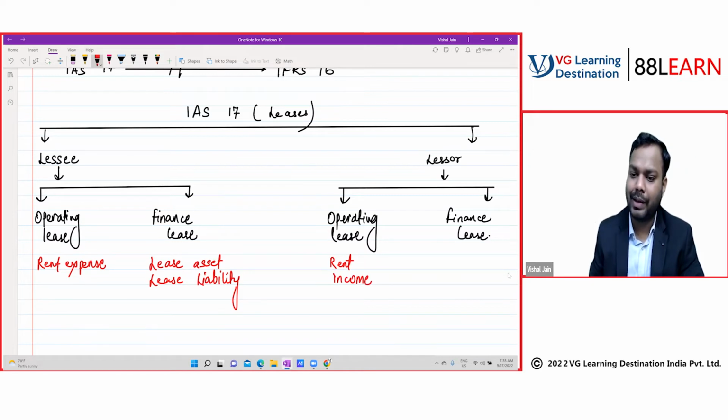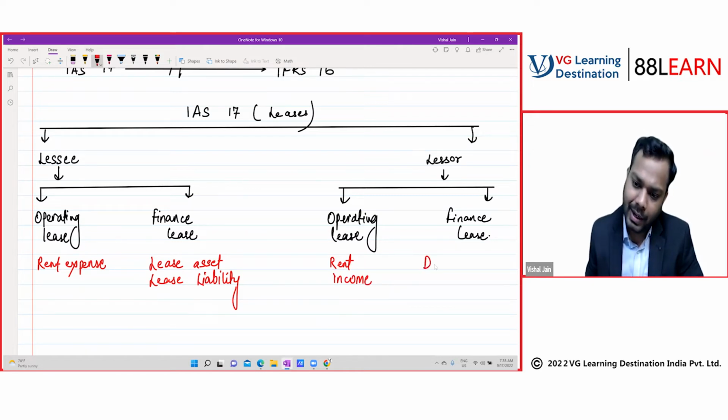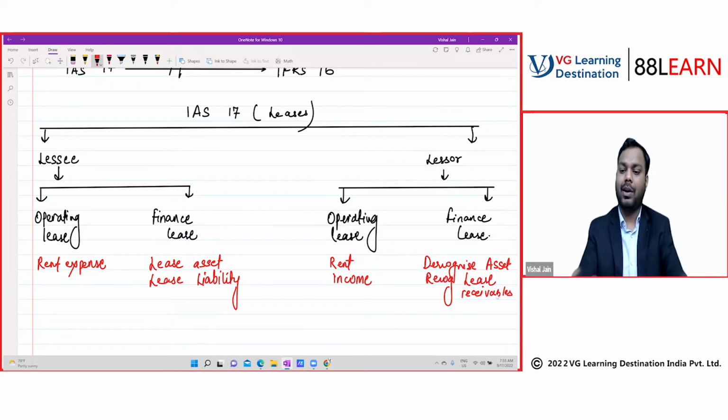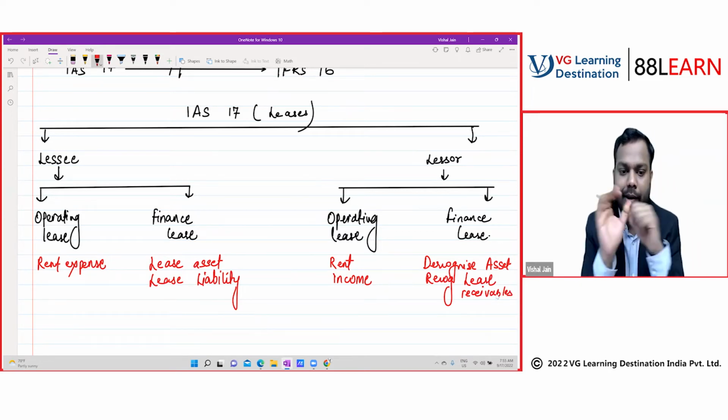And for finance lease, the lessor will de-recognize the asset and recognize lease receivables. Tell me, guys, is that clear or not so far?